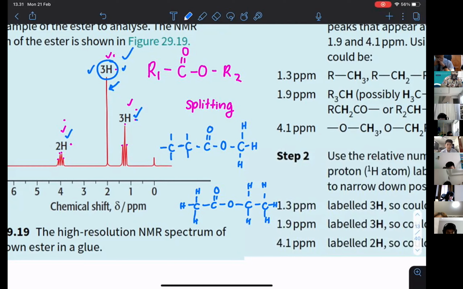Now, if I compare, most likely this might be my molecule. Just check. Thompson, do you think both of these molecules are the same or different? The same. They are the same.